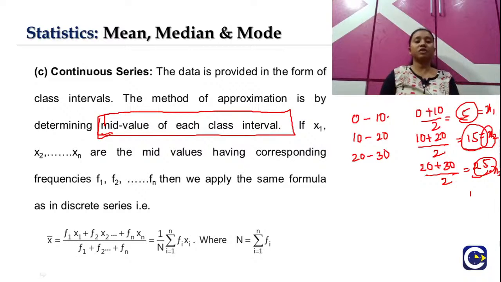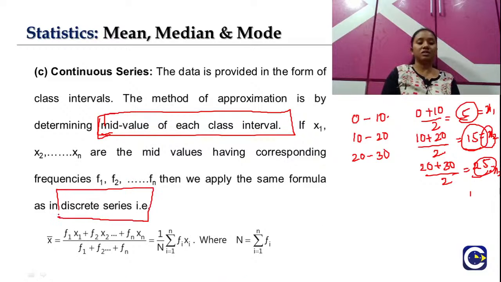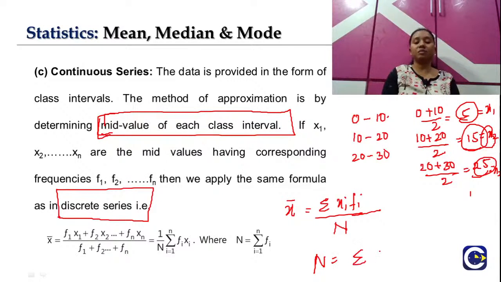And as usual, in the given information we will be having the corresponding frequencies also here, and then we can apply the same formula which we have applied in the discrete series. That means our x bar, the arithmetic mean, will be equal to sigma xi fi divided by capital N. So capital N here is nothing but equal to sigma fi, where i will be varying from 1 to n.